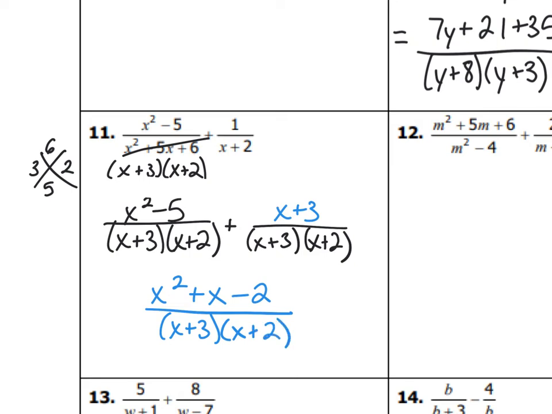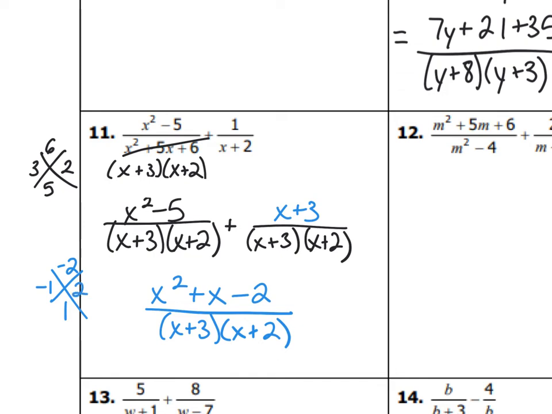Is this fully factored? No. What do I need to do on the top? X method. So we start off with -2 and 1, two things that will multiply to -2 and add to 1. What was that? -1 and +2.